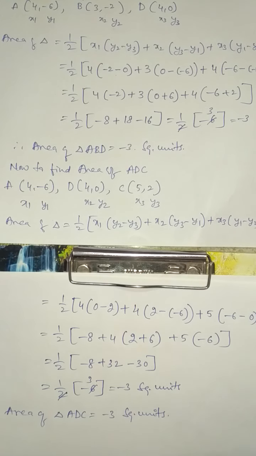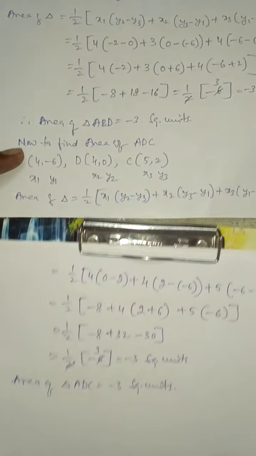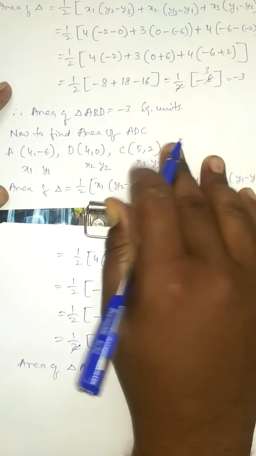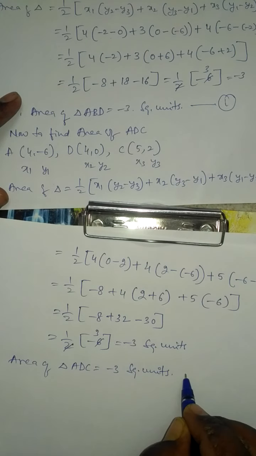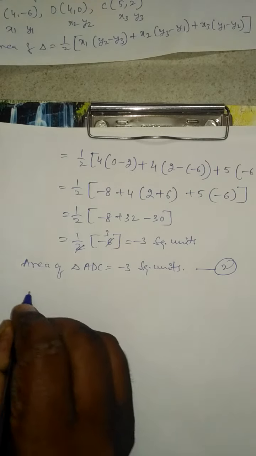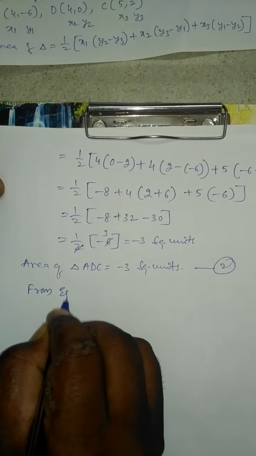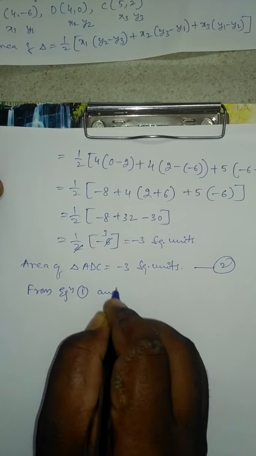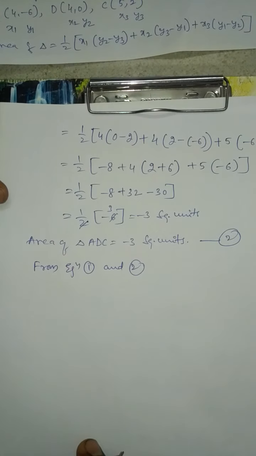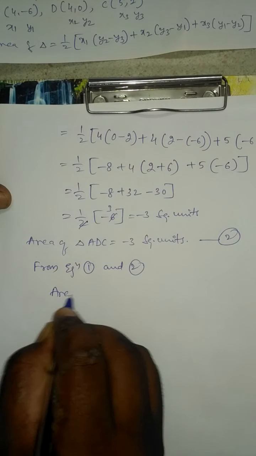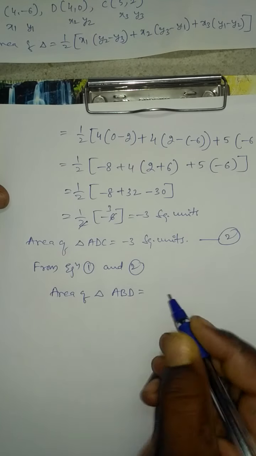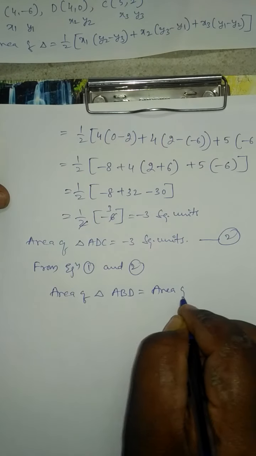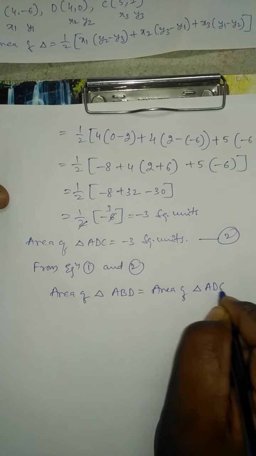So now what we have to say from here: this area of triangle ABD we call equation number 1. This one you have to call equation number 2. From equation 1 and 2, what you have to say? The area of triangle ABD is equal to the area of triangle ADC.